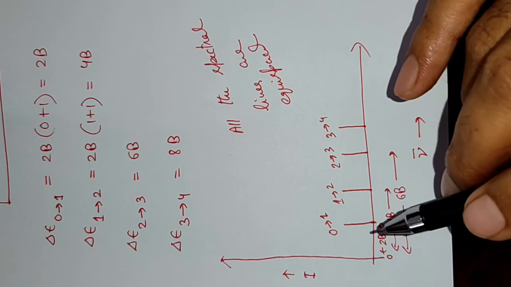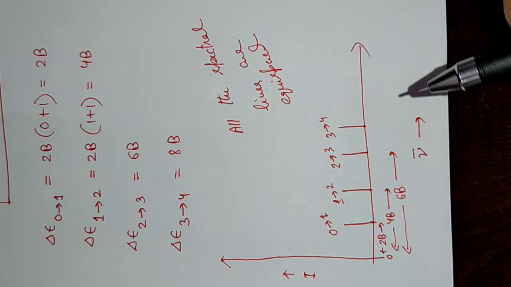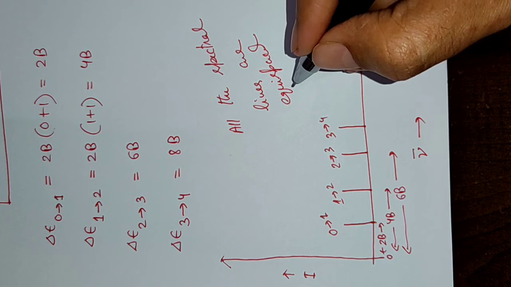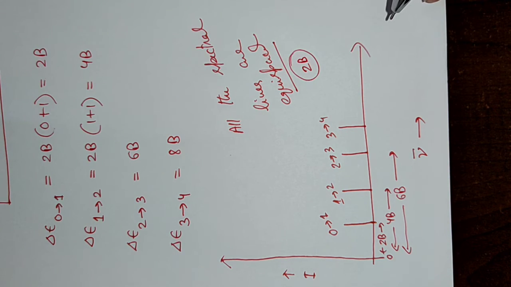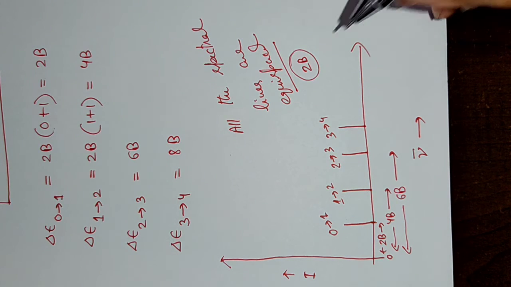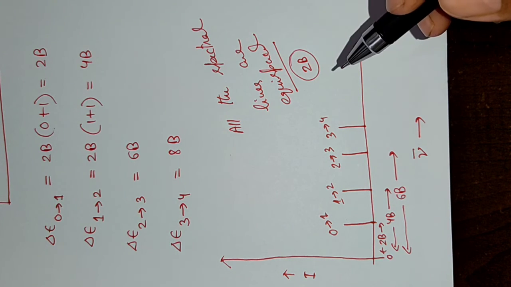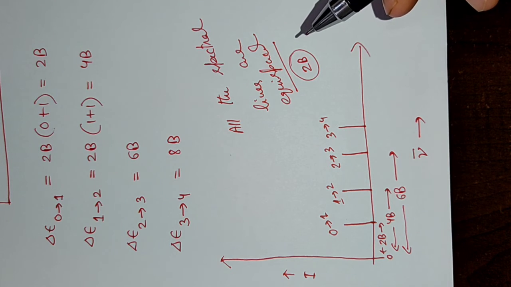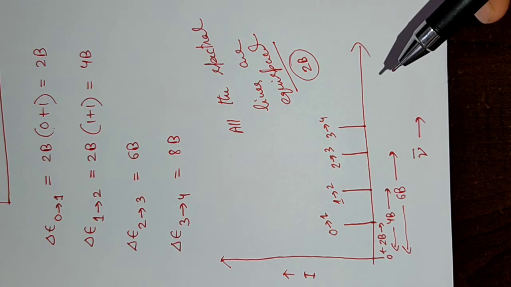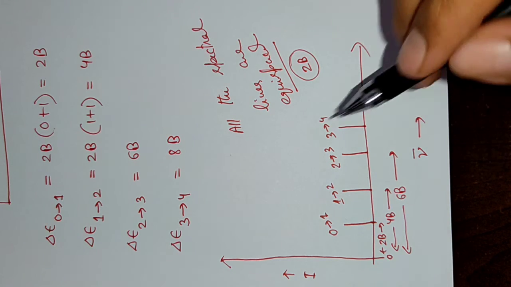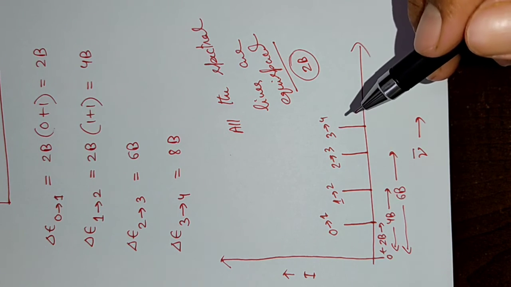In that graph, the lines will be equidistant from each other, and those lines will be separated by 2B. Now, I will give you some homework, and in the next or upcoming video, I will discuss the intensity and some further details of this spectra.